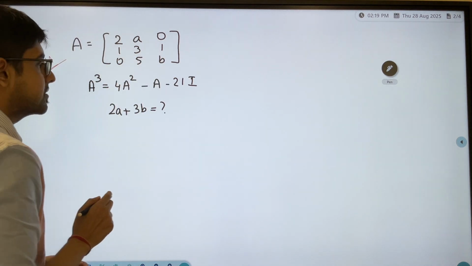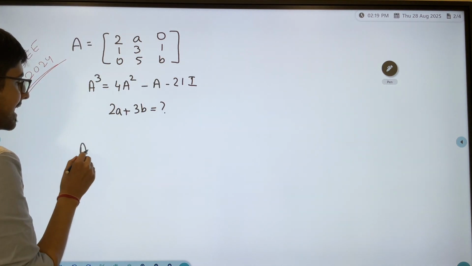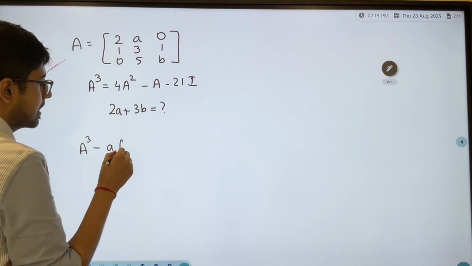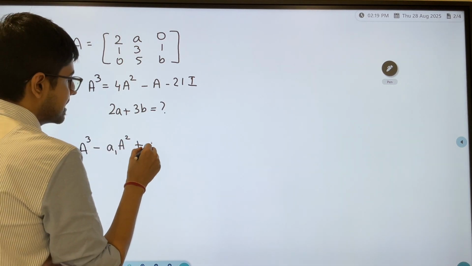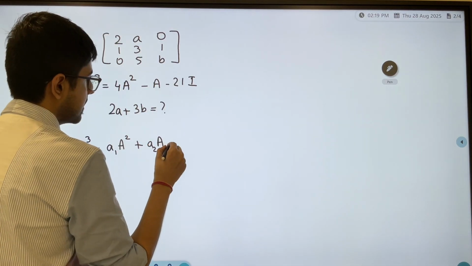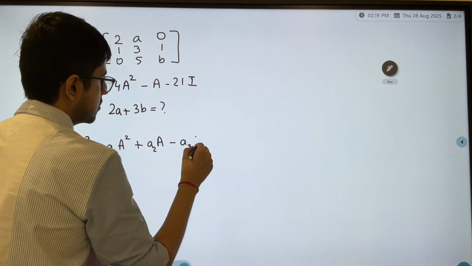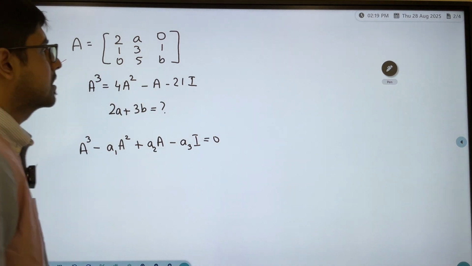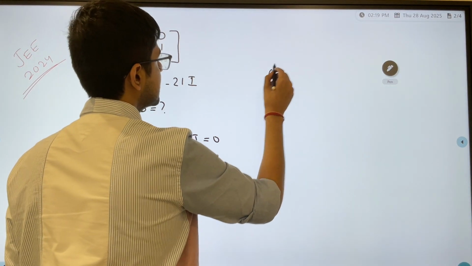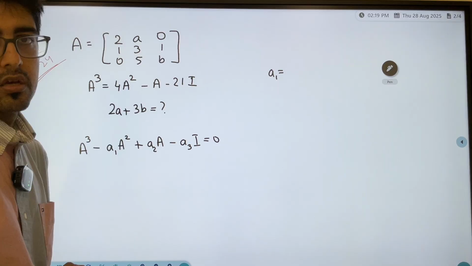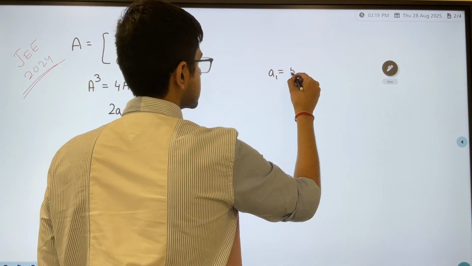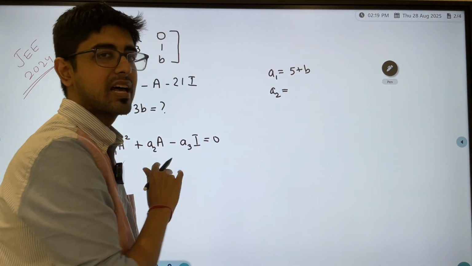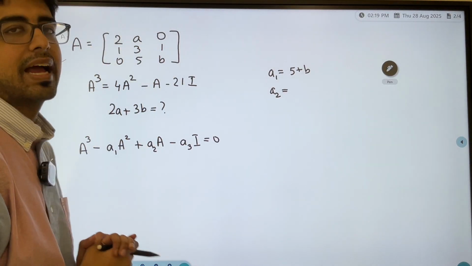Since this is a 3 by 3 matrix, I know the characteristic equation can be written as A cube minus A1 into A square plus A2 into A minus A3 into I equal to 0. Let's see what A1 is. A1 is the trace of the matrix, which is 5 plus B. A2 is the sum of the minors of the diagonal elements.